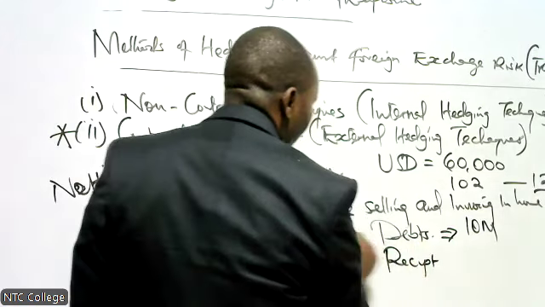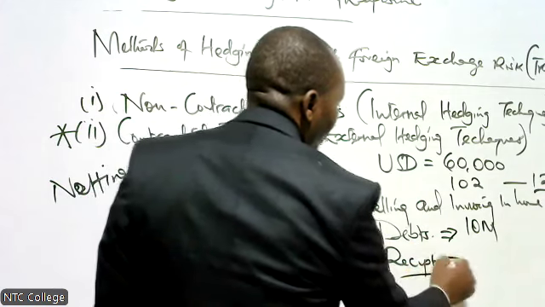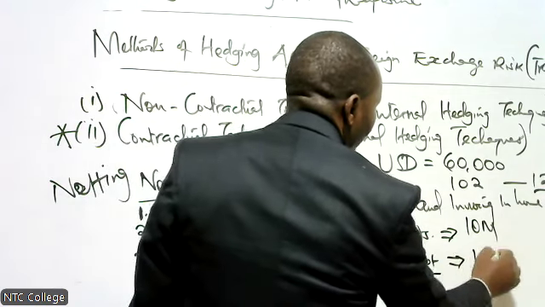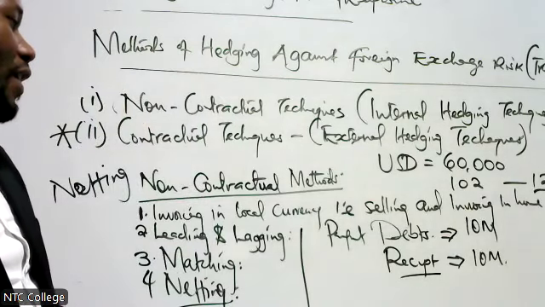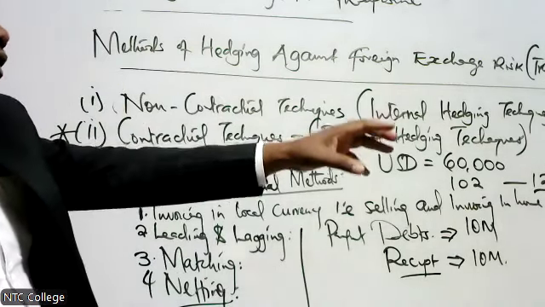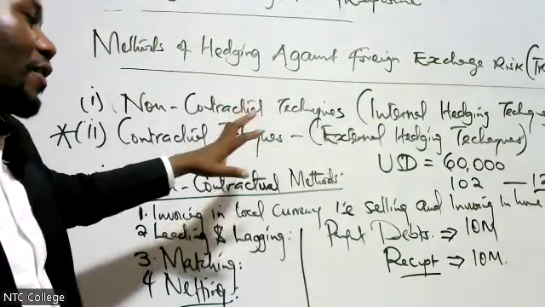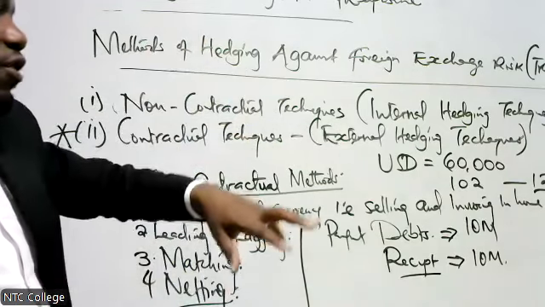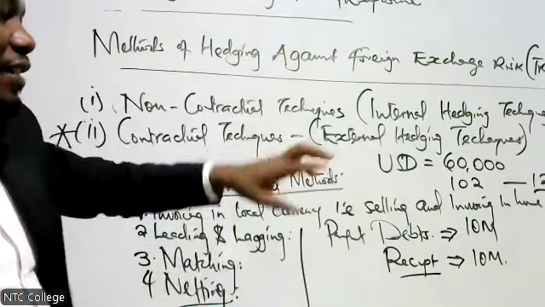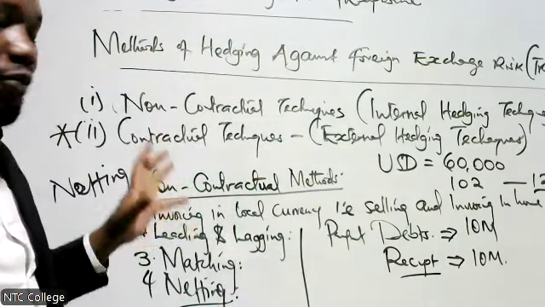But you also expect a receipt. Money that you receive is called a receipt. So this one is a payment, you need to pay, but this one is a receipt. You need to receive 10M from the same people, from the US. Now you say, the money that I have, I use it to pay all the debts that I have. So you are making payments using the receipts in that particular country. Those are what we call net off.